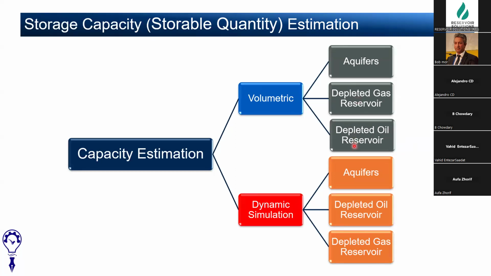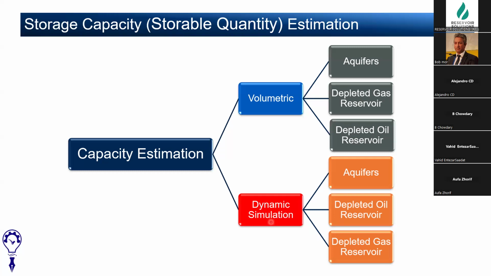So we need to use different formulas to estimate the capacity when we use the volumetric method to estimate CO2 storage. Another method, which is more reliable and more accurate, is dynamic simulation.